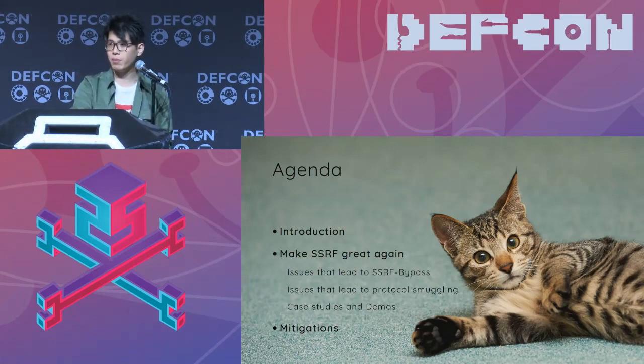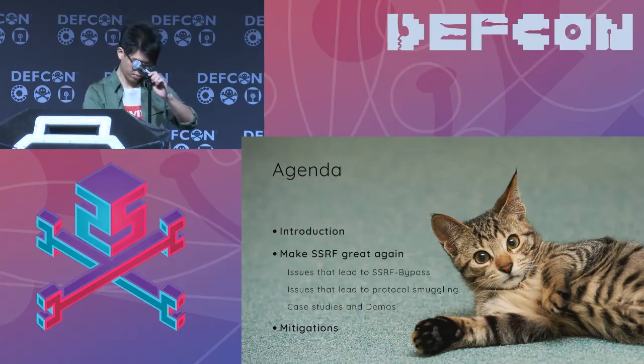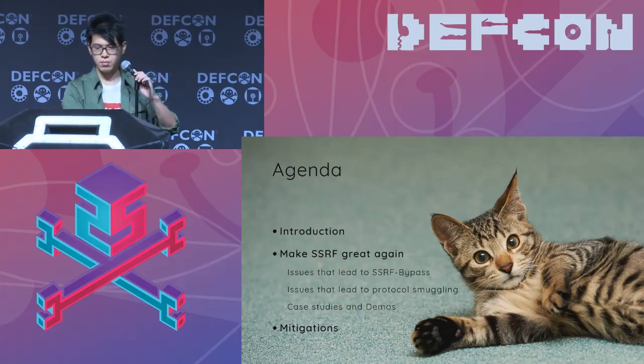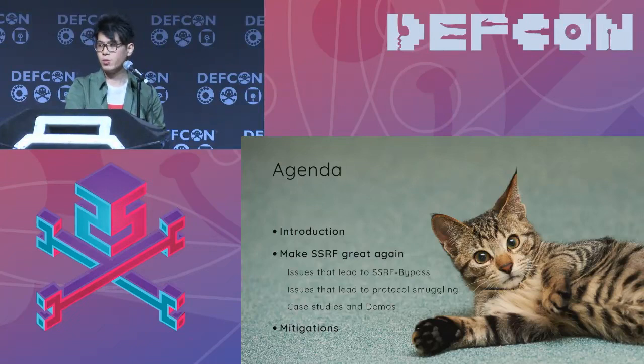Next, I will talk about my findings in both an attack surface on SSRF bypass and a new attack vector in protocol smuggling that enhances the existing SSRF. By combining this, we can achieve more advanced exploitations or compromise the server. Of course, we will have case studies and demo.